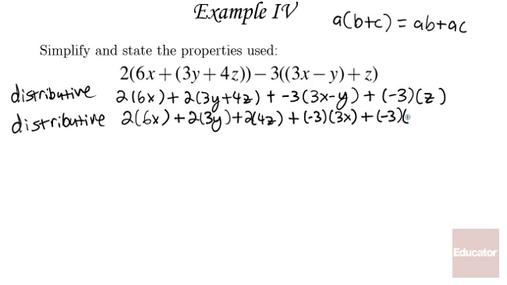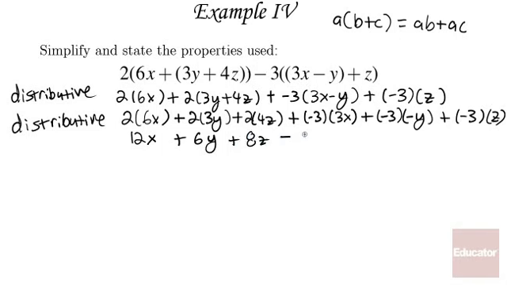Now I'm going to multiply these out. This is 12x plus 6y plus 8z minus 9x plus, negative and a negative is a positive, so that gives me plus 3y minus, this is negative 3z, so it's negative 3z.